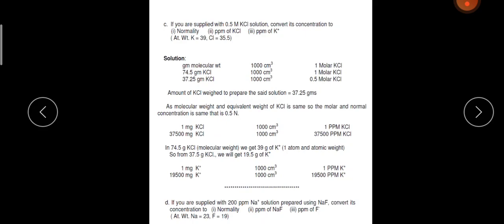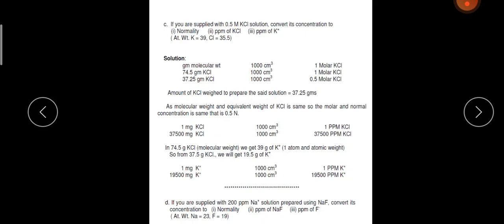If you are supplied with a 0.5 molar KCl solution, convert its concentration to normality, ppm of KCl and ppm of K+. 74.5 gram KCl in 1000 cm3 is 1 molar KCl.